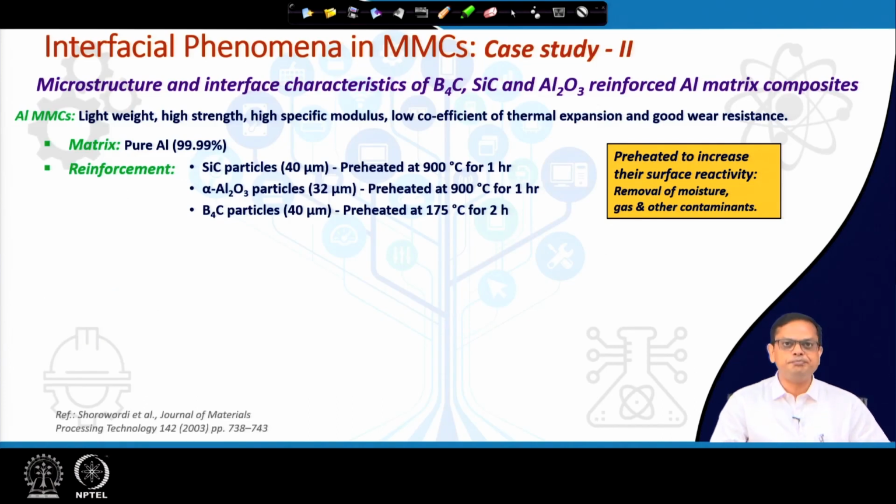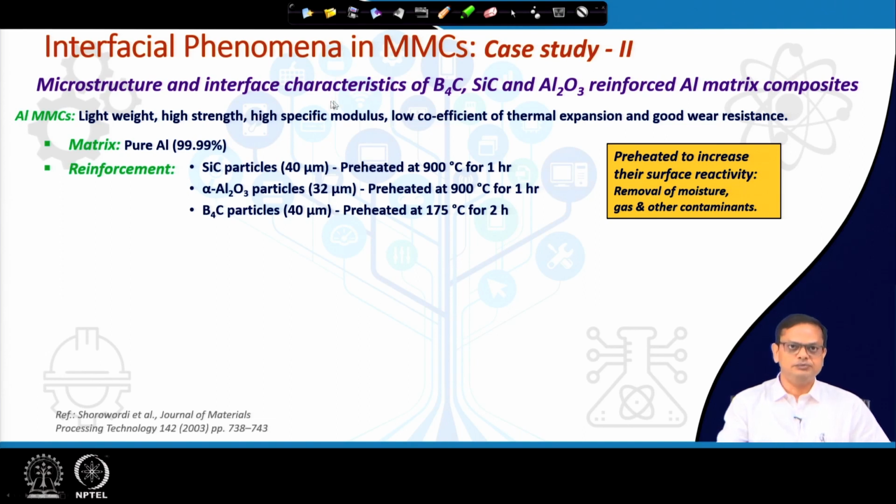The first example, as I was mentioning earlier, is a metal matrix composite with an aluminum matrix, and here three different kinds of reinforcement particles have been used: B4C, that is boron carbide, SiC, and Al2O3. All three reinforcements are heavily used to reinforce metal matrix.